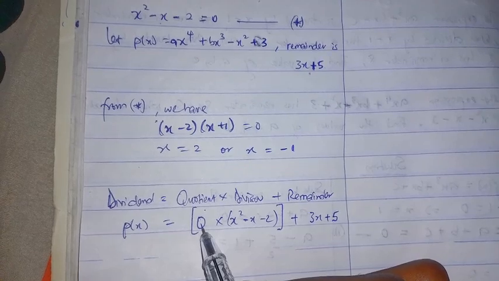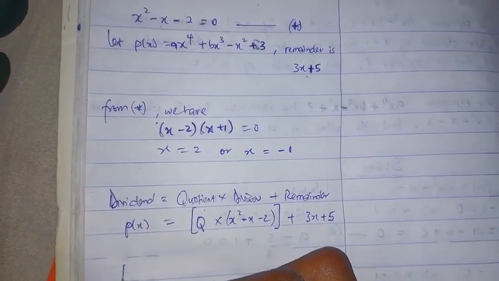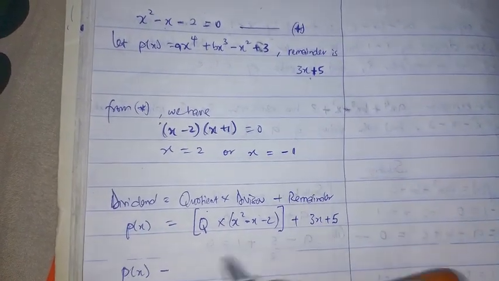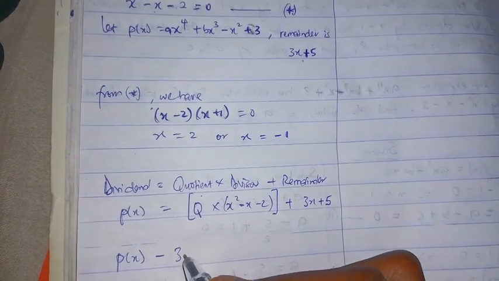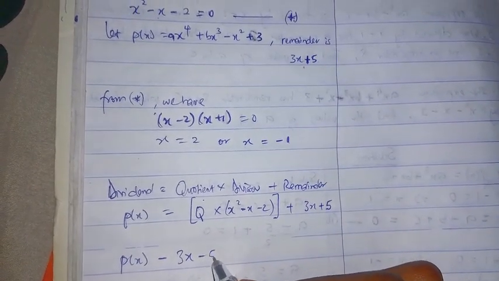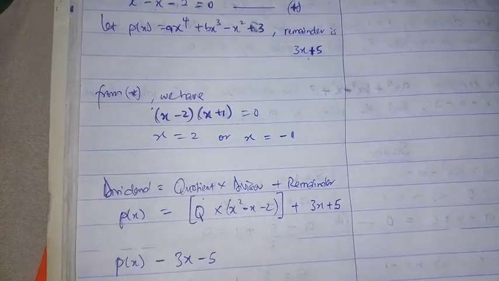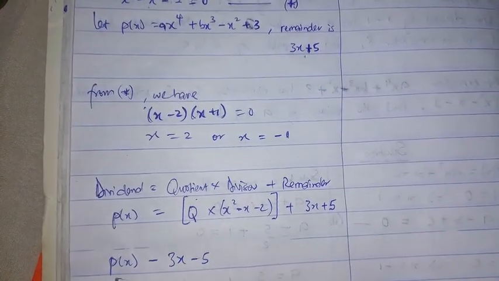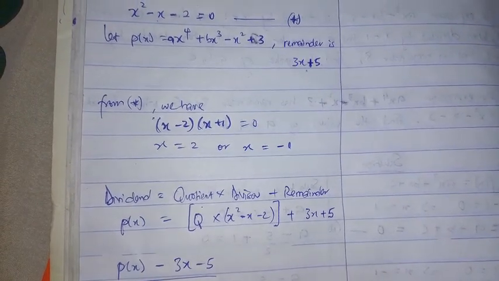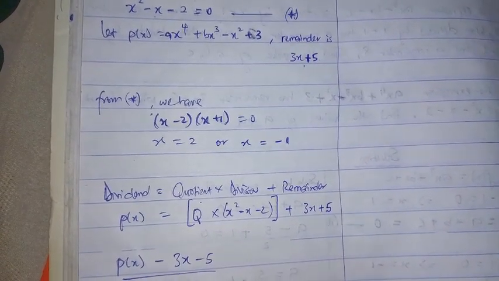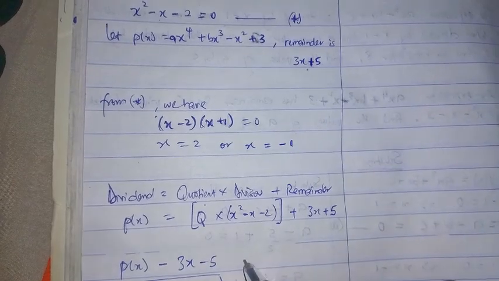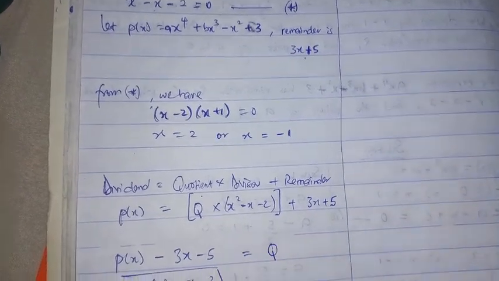So I'll make the quotient the subject of the formula. It now becomes the function p of x minus the remainder 3x minus 5, divided by my divisor x squared minus x minus 2, equals my quotient.